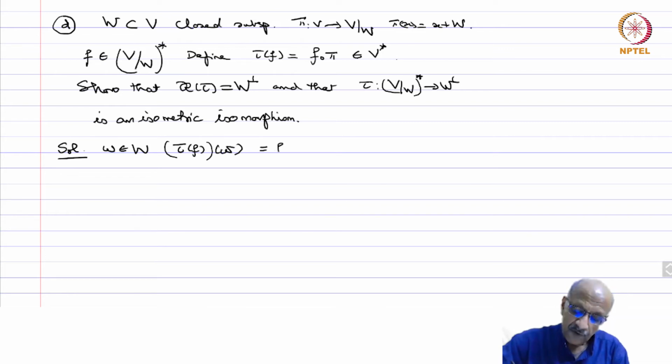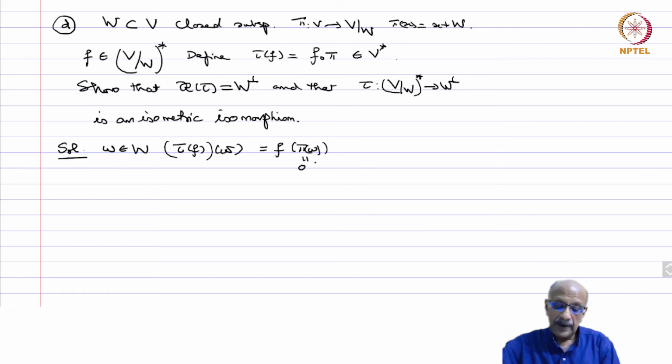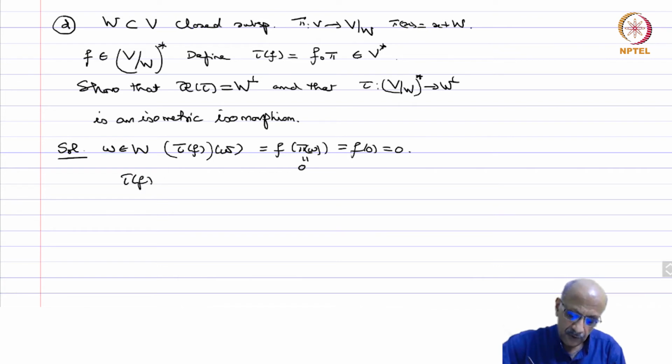This is F of pi w, but pi w is nothing but the zero element. w is in W, so pi w is the zero element, and therefore this is F of 0 which is equal to 0. Therefore tau F belongs to W perp. Okay, so the range of tau is contained in W perp.